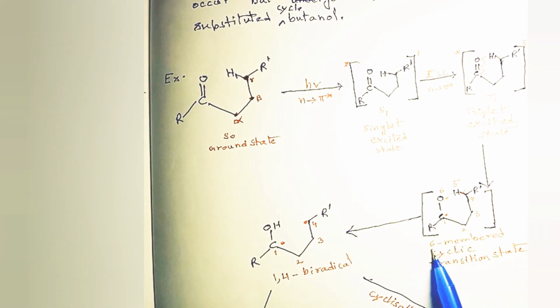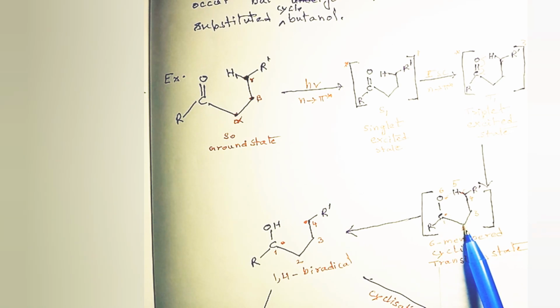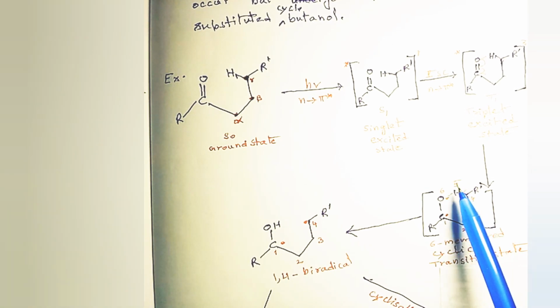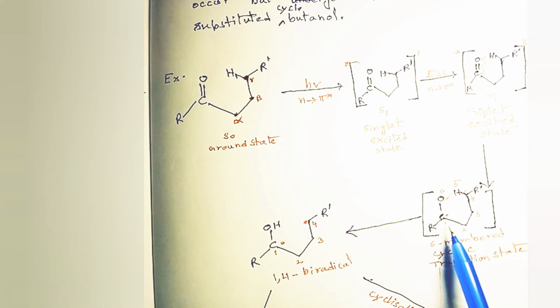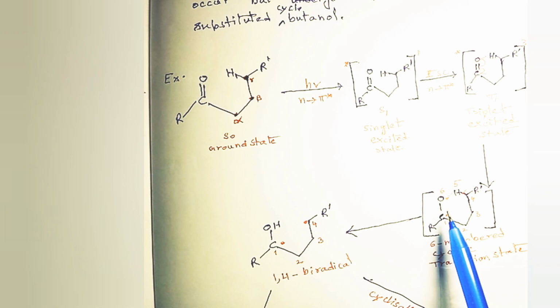So this forms a 6-membered cyclic transition state. Let us count: 1, 2, 3, 4, 5, 6. Including hydrogen and oxygen, we have a 6-membered ring. This is the cyclic transition state.